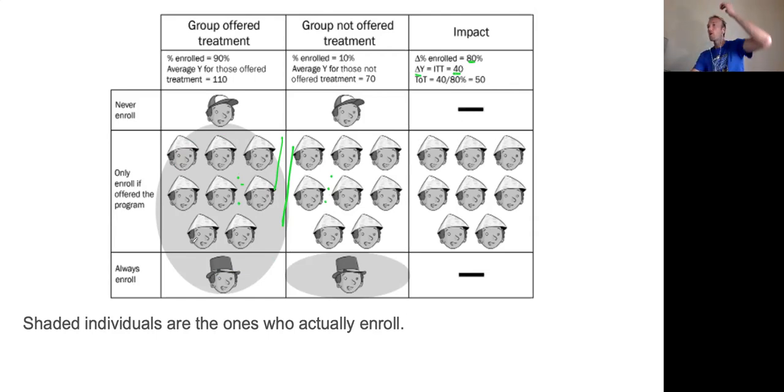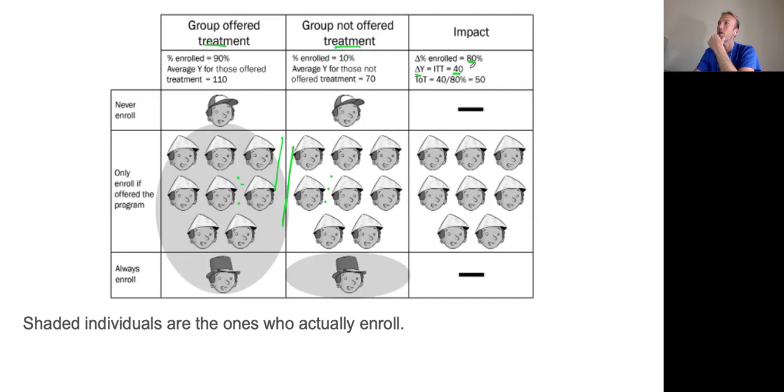So if I measure everybody in the treatment group, their Y, and everybody in the control group and their Y, I see that the difference is 40. This is important. This is the ITT estimate. This is actually the difference between the treatment group and the control group in total. It's 40. But recall that I just said a second ago, really the only people that are getting it are these 80% versus this 80%. So it's watered down. This 40 is actually watered down.